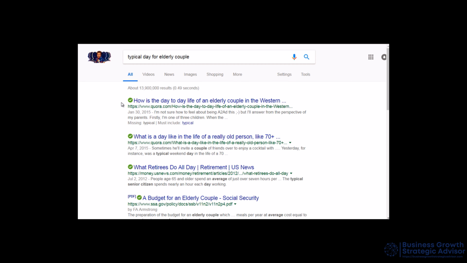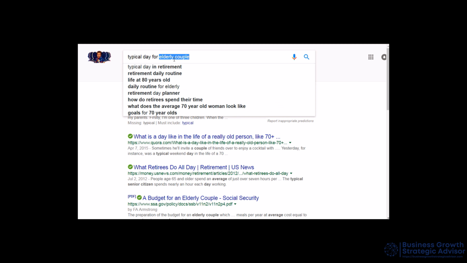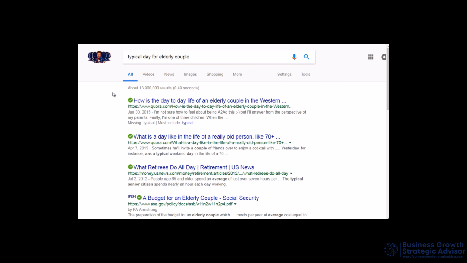So I often find that the easiest way to find a typical day for a specific person, specific age, specific sex, a specific lifestyle is simply by going to google.com and typing in "typical day for" whatever you're looking for. So if we're looking for an elderly couple, we could say a typical day for an elderly couple.